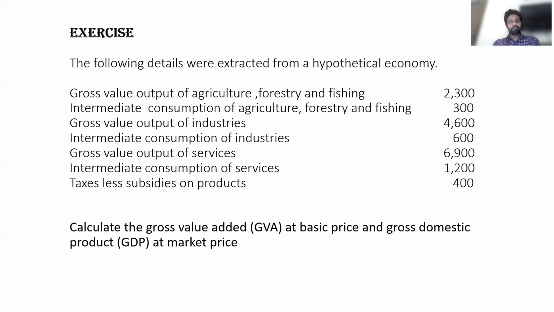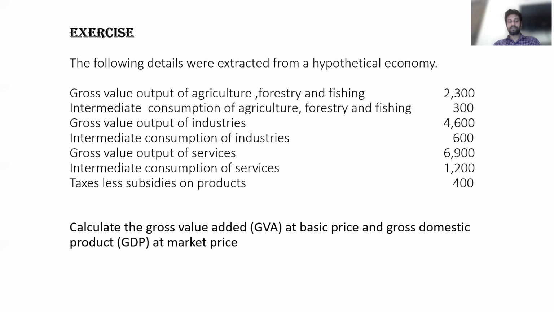Here a question. The following details were extracted from a hypothetical economy. Gross value output of agriculture, forestry, and fishing. Intermediate consumption, agriculture, forestry, and fishing. Gross value output of industries. Intermediate consumption of industries. Gross value output of services.